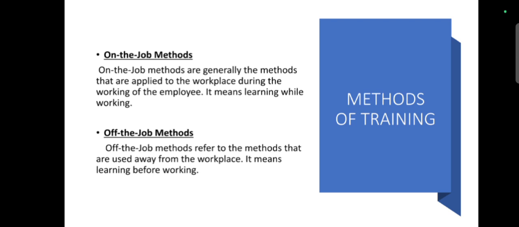So, on the job method trainings are given to the trainee after his joining in the organization and at the workplace itself, whereas off the job method trainings refers to the methods that are used away from the workplace. It means learning before working. So, off the job method trainings are given to the trainee before his joining in the organization and at a place other than his workplace.